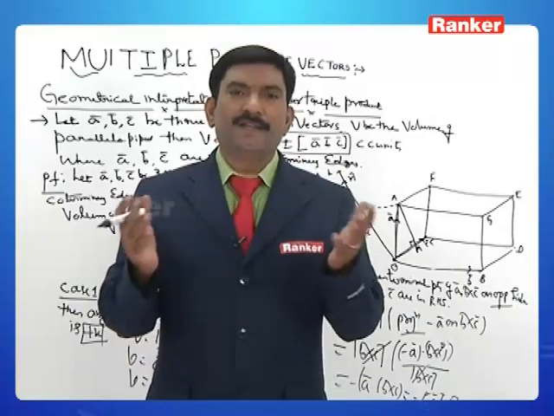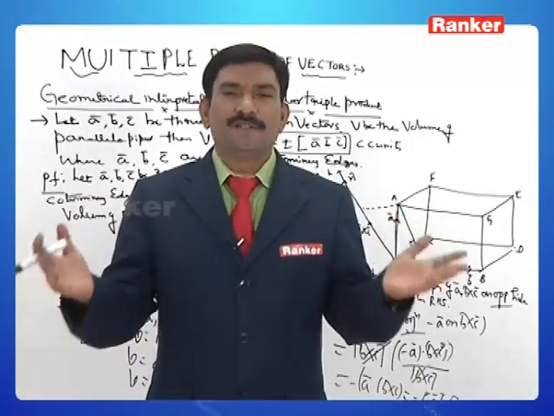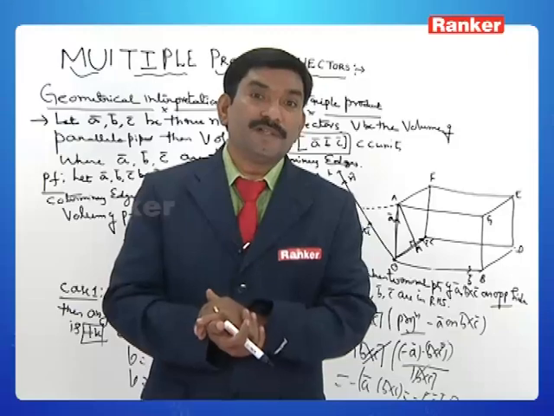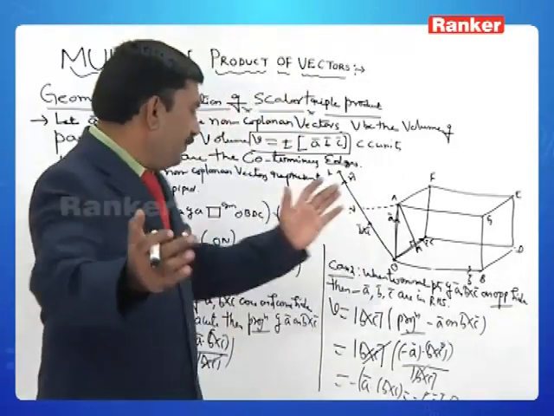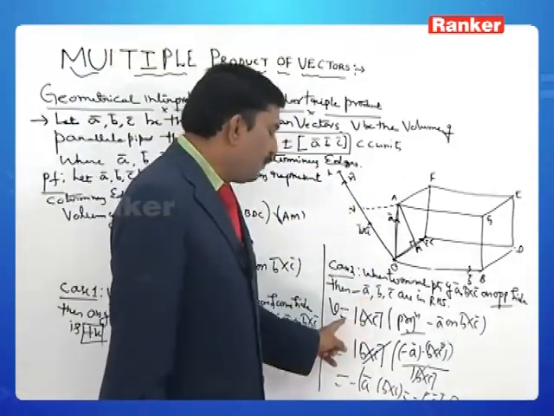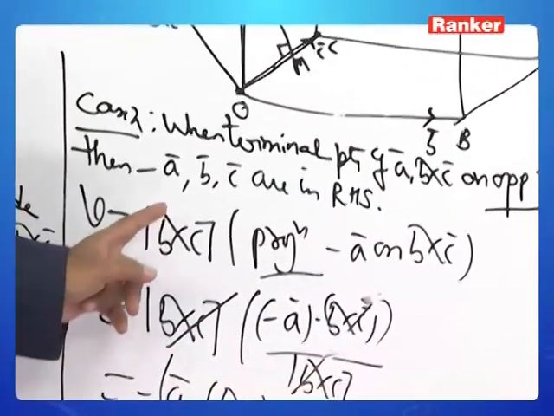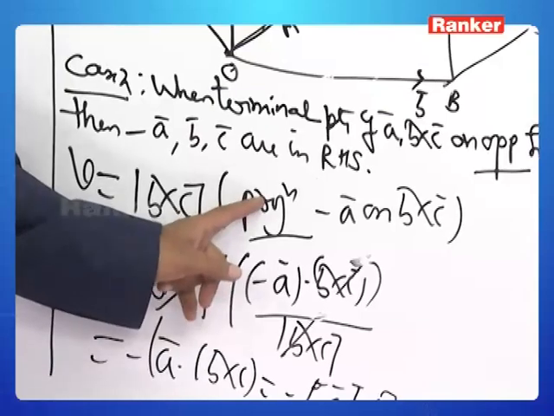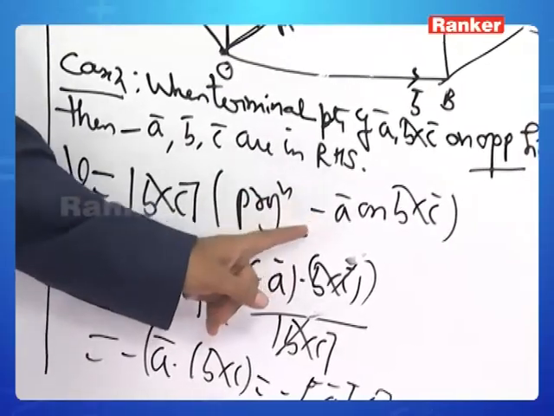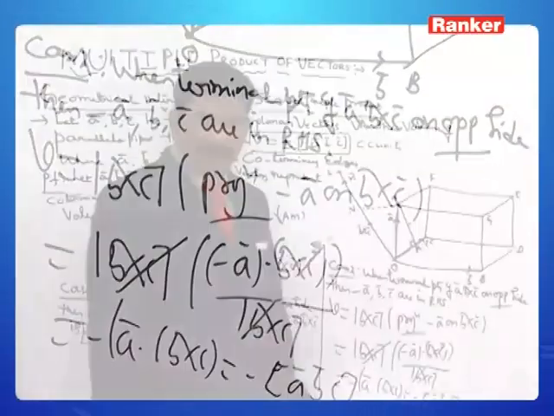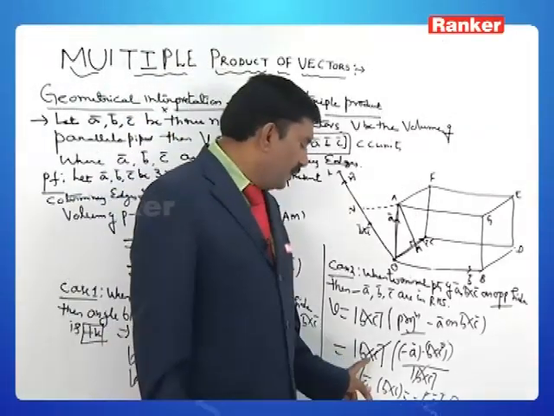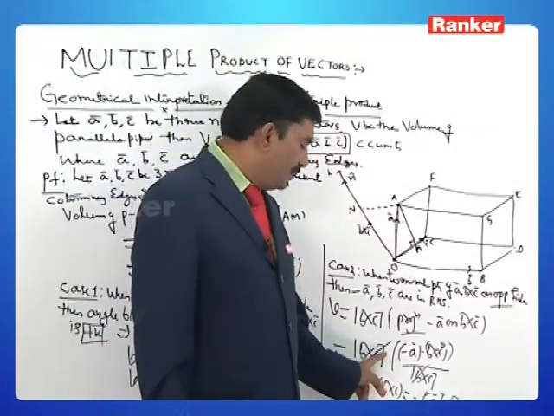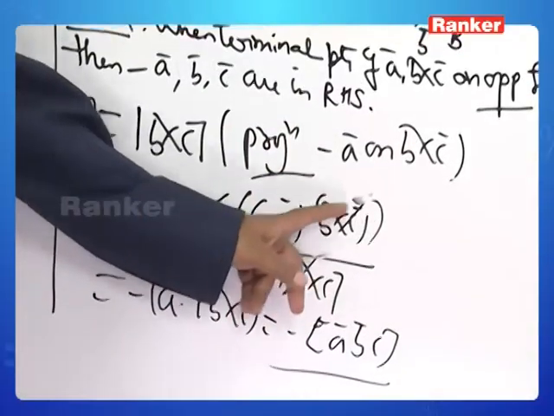Nevertheless, minus A bar, B bar, C bar will be in right-handed system. Therefore, now volume V is equal to modulus of B bar cross C bar into projection of minus A bar on B cross C. I can write that modulus of B bar cross C bar is equal to minus A bar dot of B cross C.